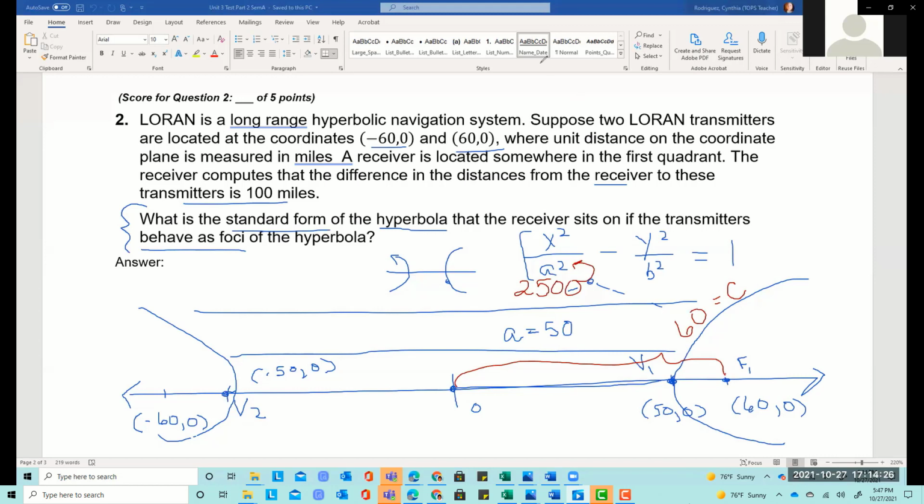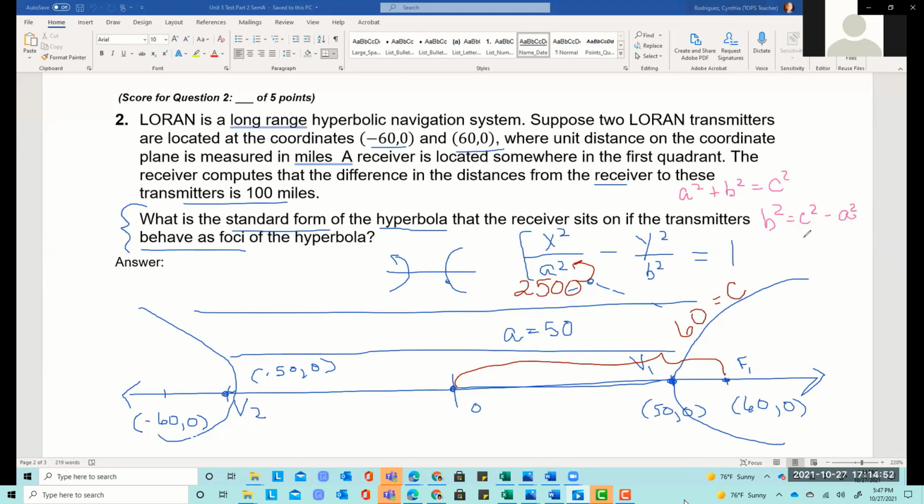Do you know what the formula is for that? A squared plus B squared equals C squared. So if we're solving for B squared, B squared equals C squared minus A squared.